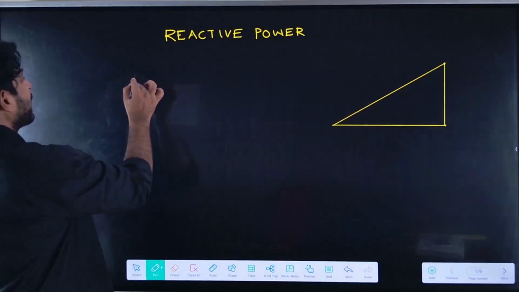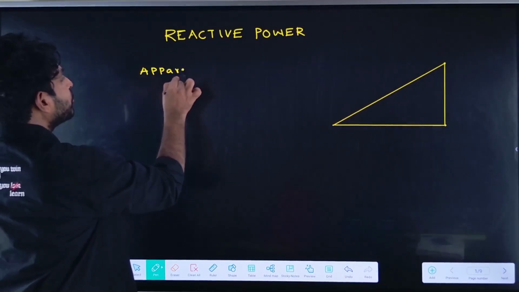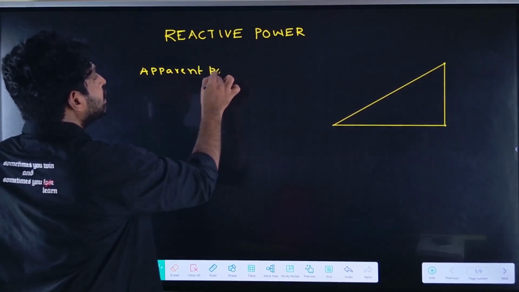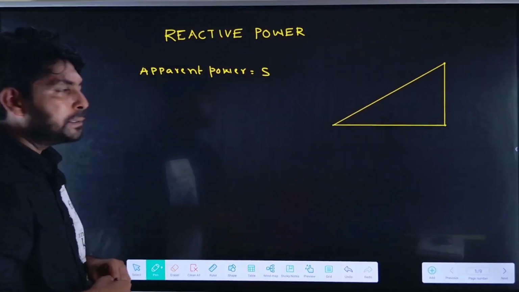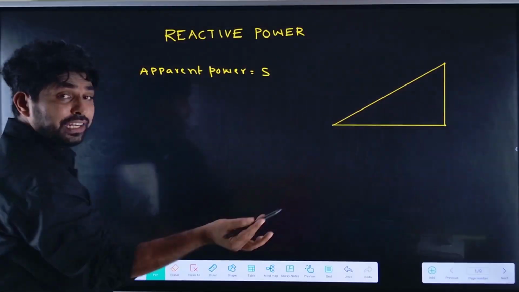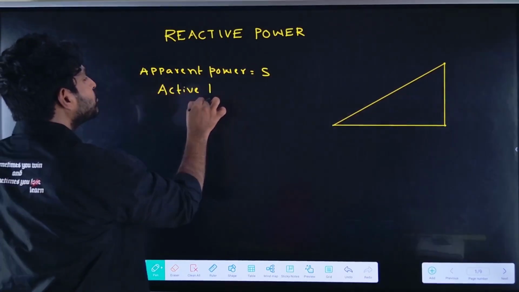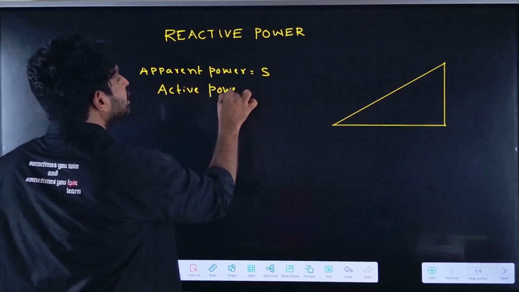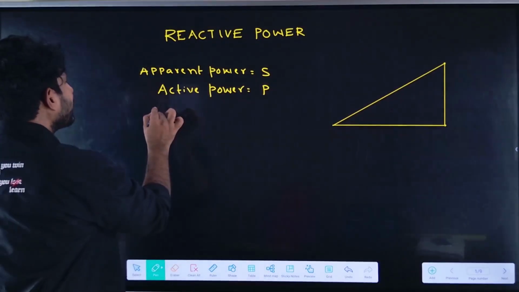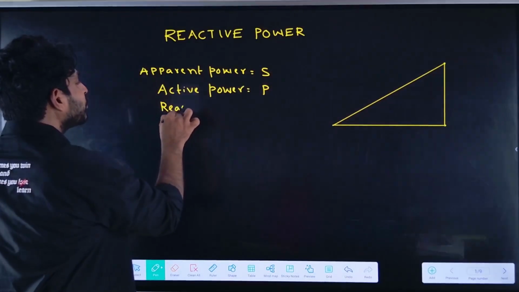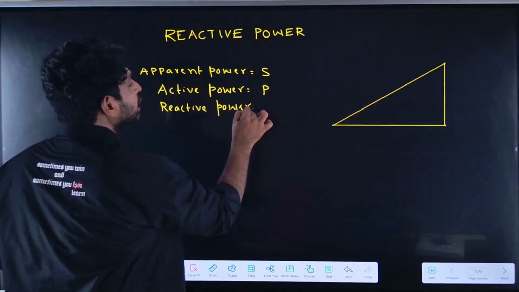We have the apparent power, let me denote as S. And we have the active power or the real power, let me denote with the P. And reactive power, let me denote with the Q.